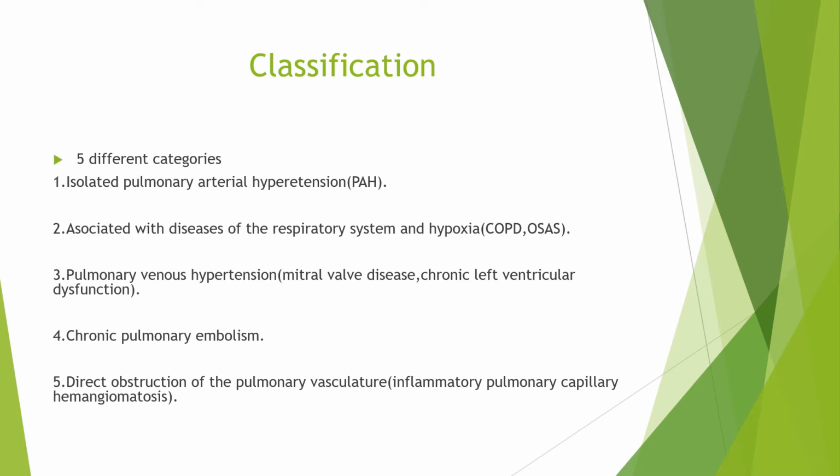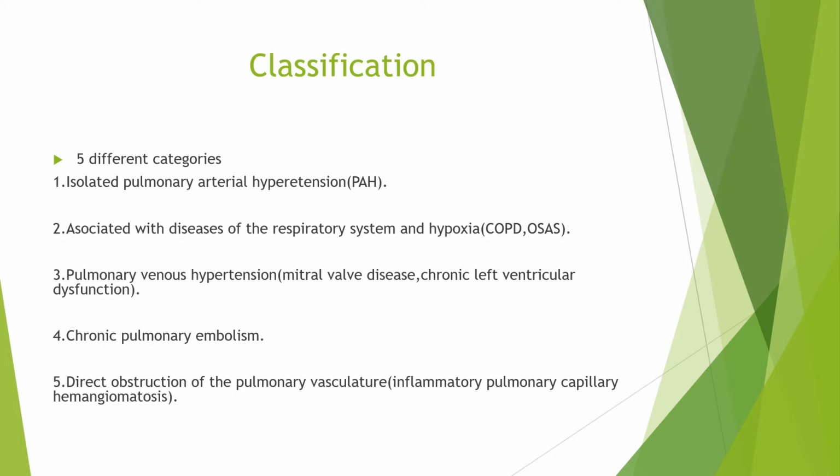Classification. We have 5 different categories of pulmonary hypertension. Number 1, isolated pulmonary arterial hypertension. Second, associated with diseases of the respiratory system and hypoxia, like in cases of COPD, chronic obstructive pulmonary disease, and obstructive sleep apnea syndrome.